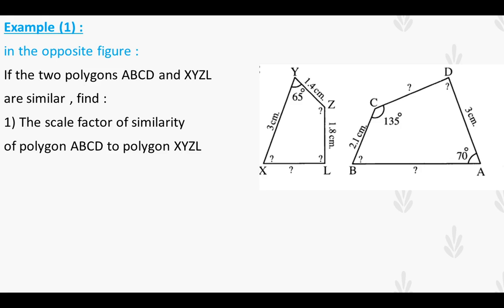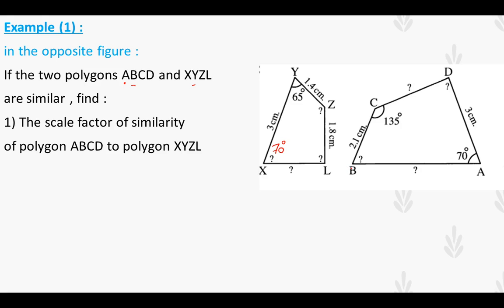the corresponding angles are equal in measure. Measure of angle A equals measure of angle X. Measure of angle B equals measure of angle Y. Since measure of angle A equals measure of angle X, measure of angle X equals 70 degrees.